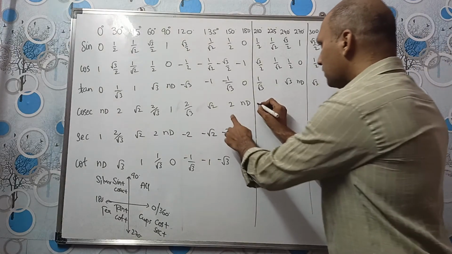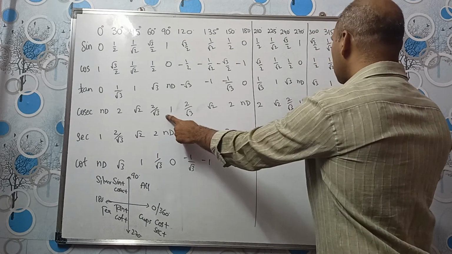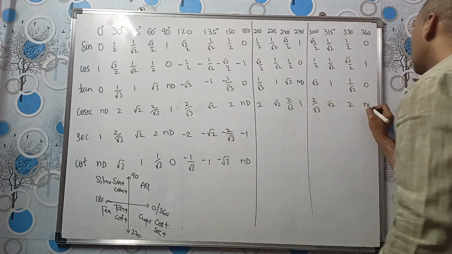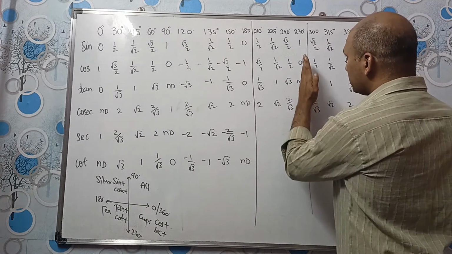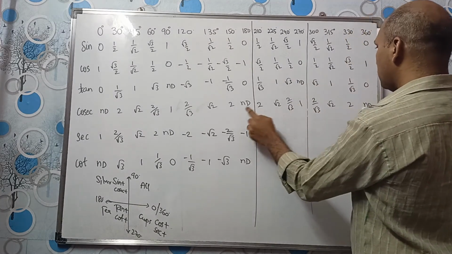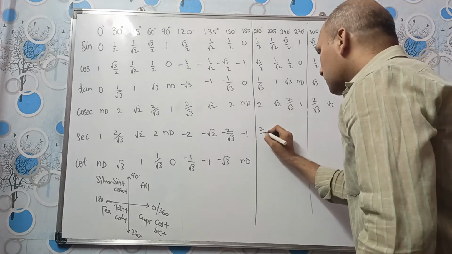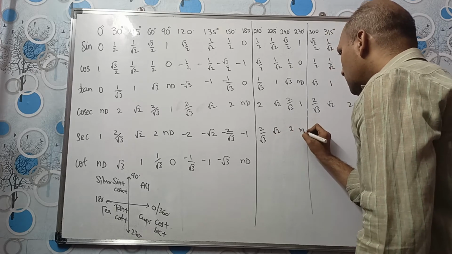Okay. Now this is 2, root 2, 2 by root 3, 1, 2 by root 3, root 2, 2 and not defined. See, we can also write like this. If you place the mirror here at 270, these same values will appear, okay? You can write it like that also. Now this will be 2 by root 3, root 2, 2, not defined.